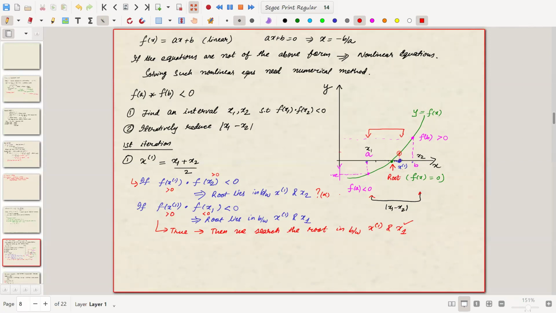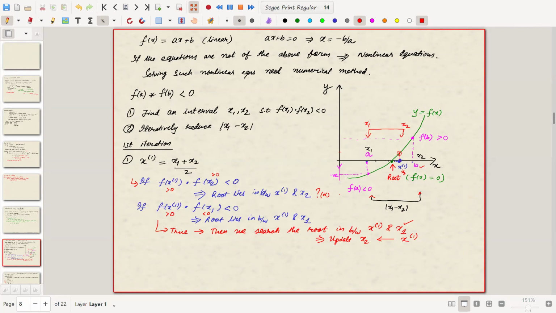Then the method will be more effective. This is the arrow we give to update x2. The value of x2, instead of b, will now be updated to x superscript 1. Previously, it was this value. Now x2 is this point. Can you see that? Now this is the point x1 and this is the point x2, and you have to search in between these two instead of the black interval.